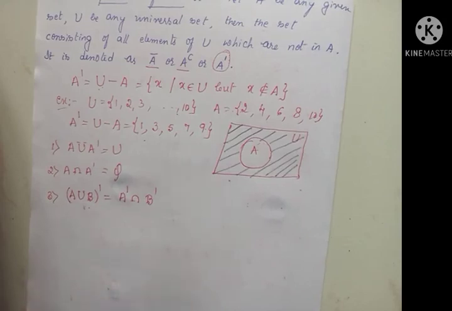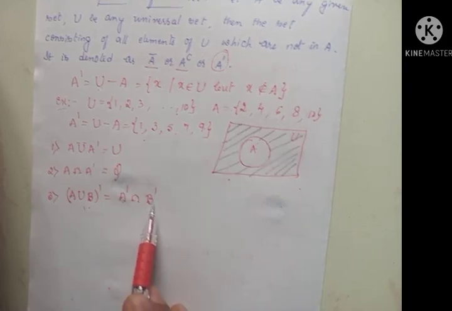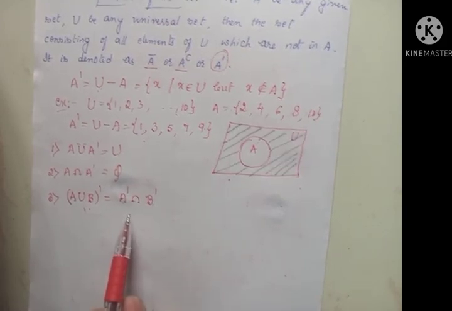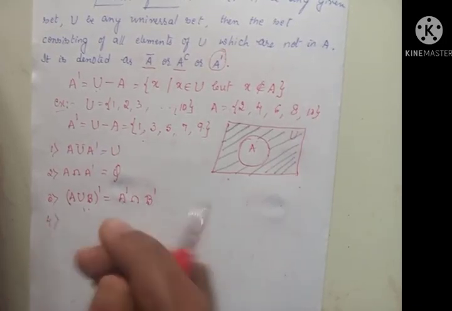After that take the complement. That is, after that you have to subtract that A union B from U. That is nothing but taking A complement and B complement, then intersect them. These two are equal. So with the example, we'll explain that one.